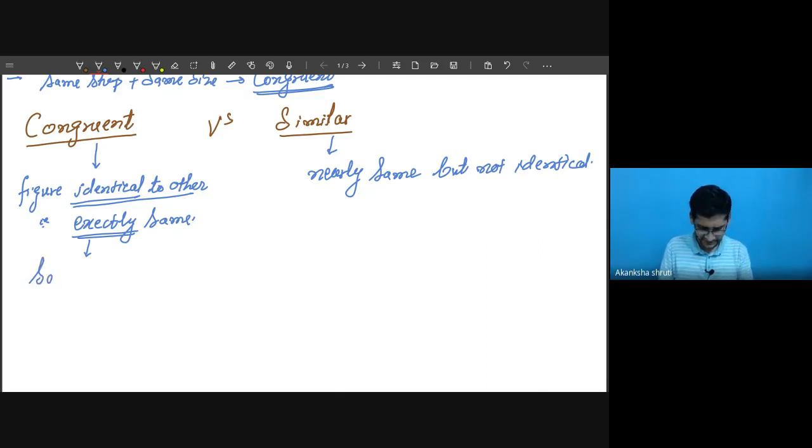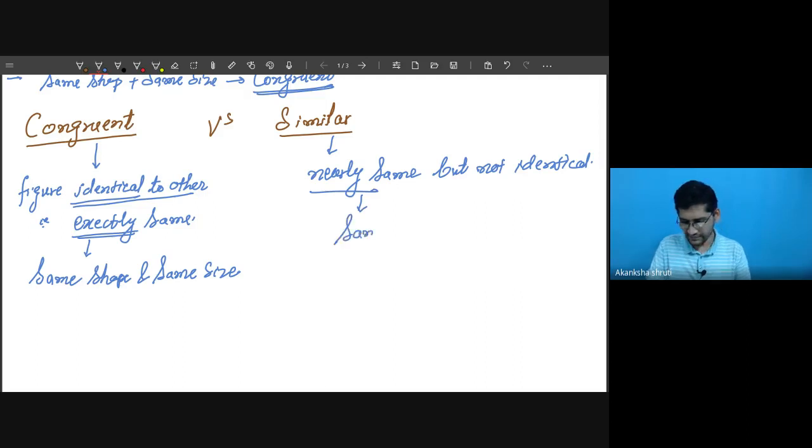For this, the two conditions, same shape and same size, are required. But nearly means it is the same shape.